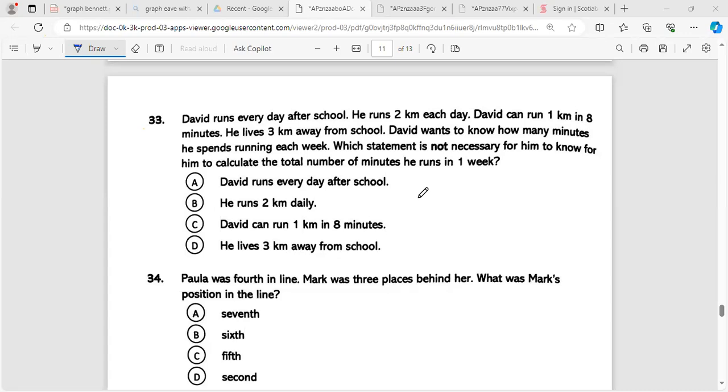And then they say he lives 3 kilometers away from school. David wants to know how many minutes he spends running each week. So basically, if we want to calculate the total, remember them saying run every day, so we could assume 7 days he runs, right? So we need that information that says he runs 2 kilometers daily.